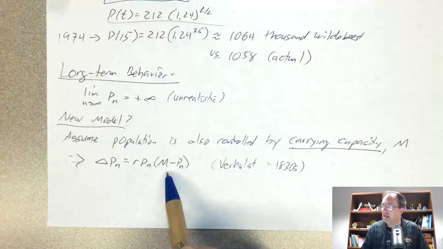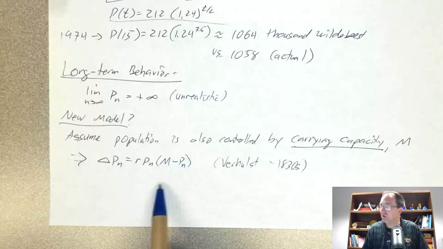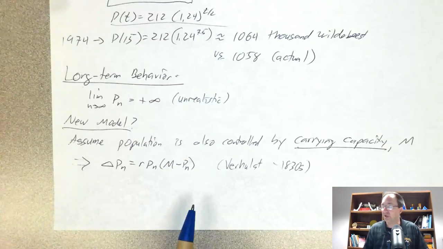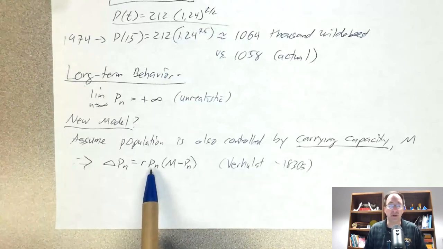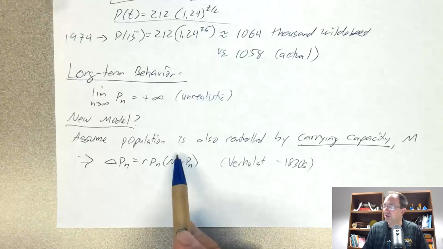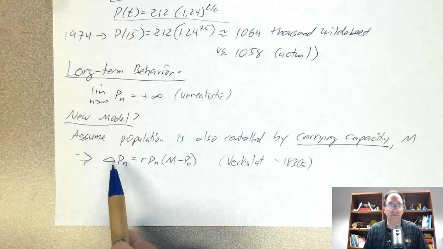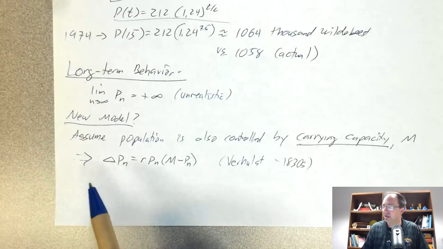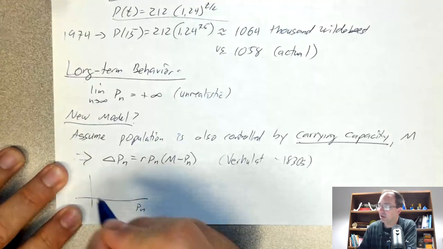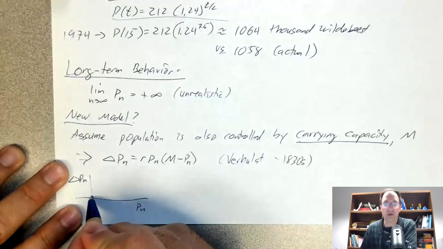But the idea is this: if M is really large and P sub n is really small, then this is going to be a large number, and so there will be more growth. Now, if P sub n is too small, well, then this will be a small number, and so that'll be balanced out. But notice, as P sub n gets closer to M, this gets to be a smaller and smaller number, which means my change is going to get smaller and smaller. And so this has the nice feature that when P sub n is small, or 0, we're going to have no growth.